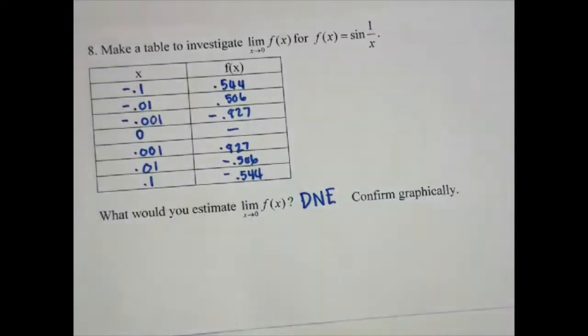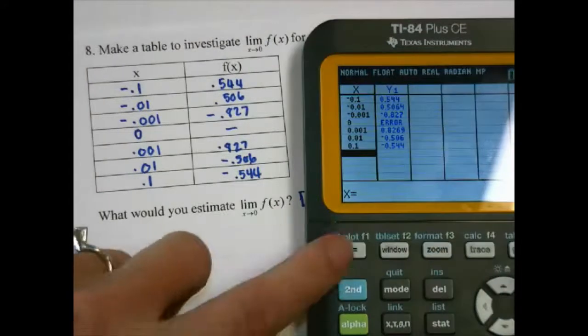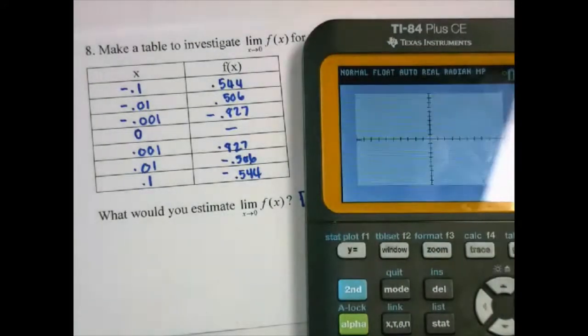Okay, well, let's confirm this graphically. Let's see if it maybe does. We just don't see it in the numbers. Okay, well, maybe there's a limit there, so let's zoom in.